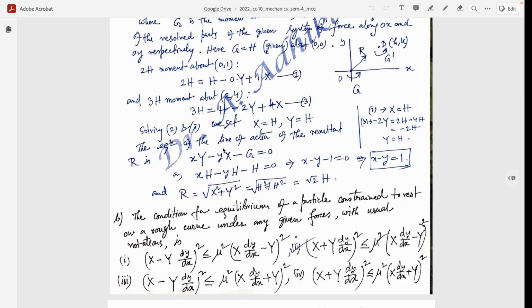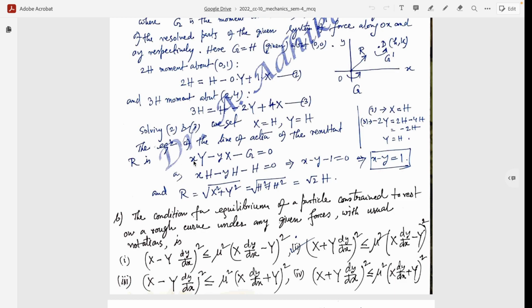And the equation of the line of action of the resultant R is small x capital Y minus small y capital X minus capital G equals 0. This is the equation of the line of action of the resultant R. So here capital Y equals H, capital X equals H, and capital G equals H also.